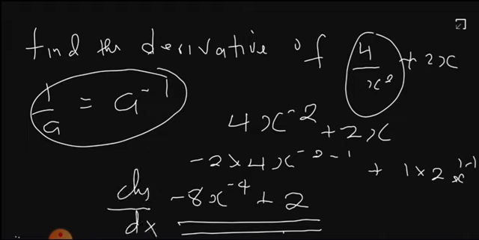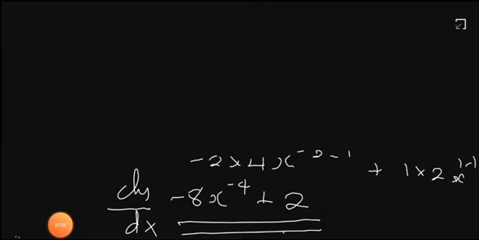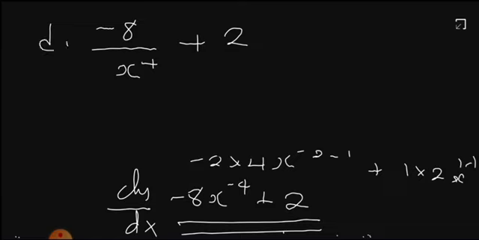As your dy dx, or if you want, you can write it in this form: negative 8 over x to the power 3 plus 2 as your dy dx.